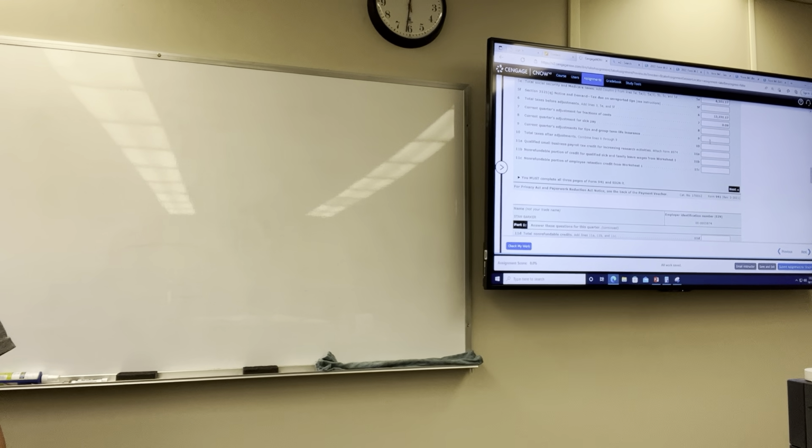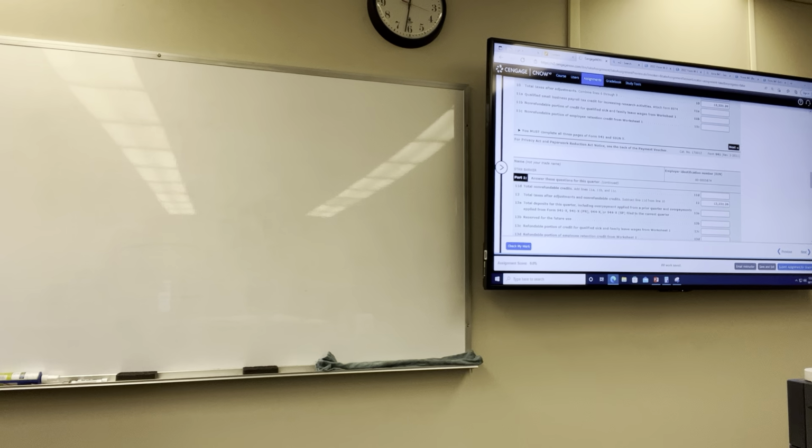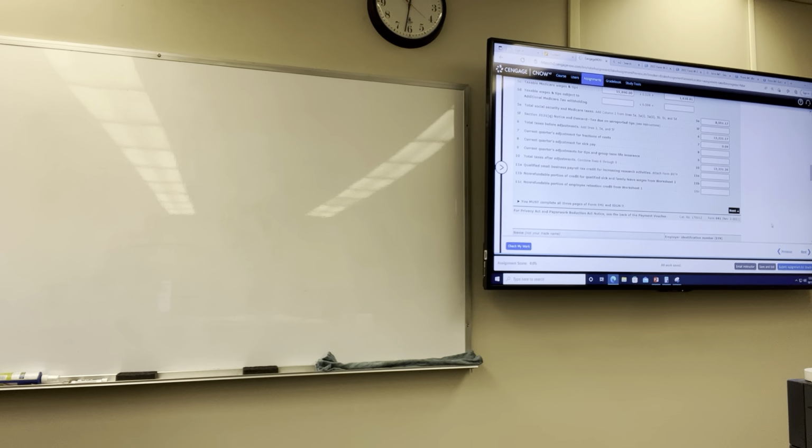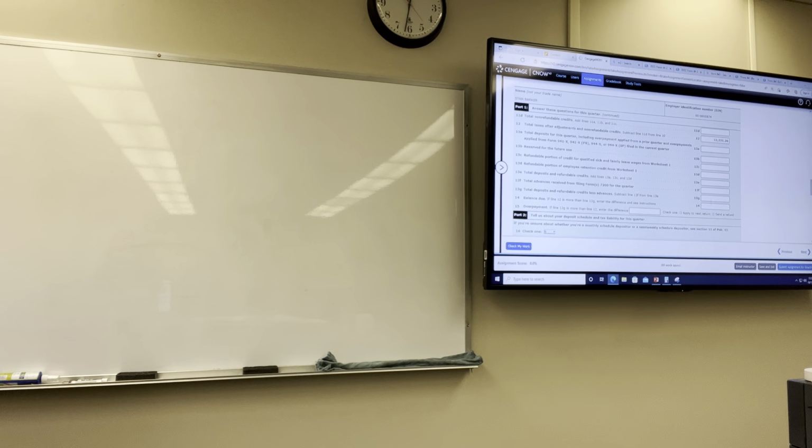We don't have any sick pay, no life insurance. Total tax after adjustments, now we're going to combine lines 6 through 9. There we go. Line 10, again, we have nothing on 11 A, B, C, or D. So line 12 is going to equal the amount on line 10. Total deposits for this quarter, including the overpayment applied from prior quarter.